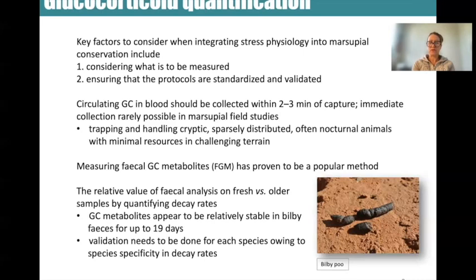So that's encouraging and means that this methodology is quite suitable to this species because it eliminates that need to be sampling immediately. But obviously validation needs to be done for each species owing to these differences in specificity in decay rates.